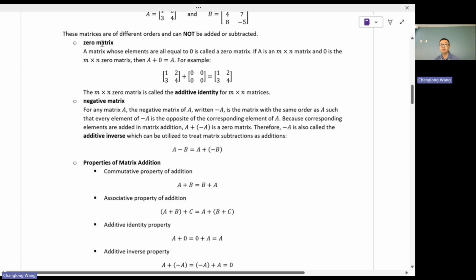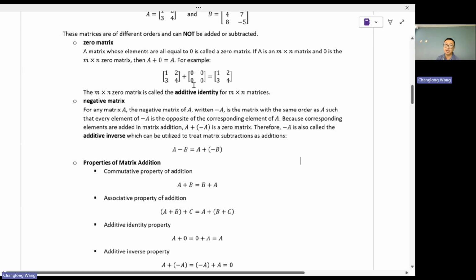Start with something called the zero matrix. Do you recall when you first were introduced to the number zero, you realized that zero means nothing? If you ever add zero to a number or subtract zero from another number, it won't make any change at all.